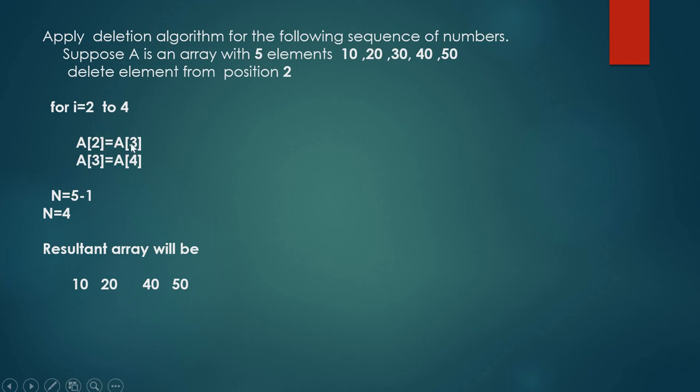That is, A of 2 is equal to A of 3, so 40 is coming to A of 2. A of 3 is equal to A of 4, so 50 is coming to A of 3. After shifting, we need to decrement the value of the number of elements, that is, N becomes 4. Then the resultant array will be 10, 20, 40 and 50. That is, 30 is deleted from this array.